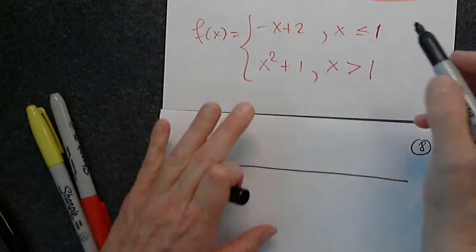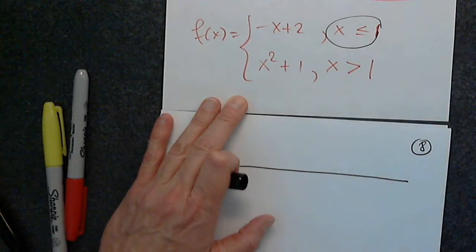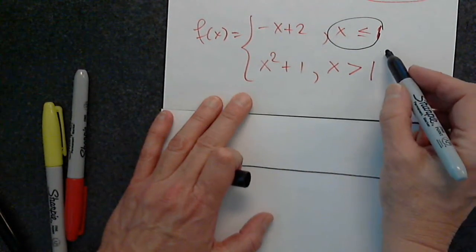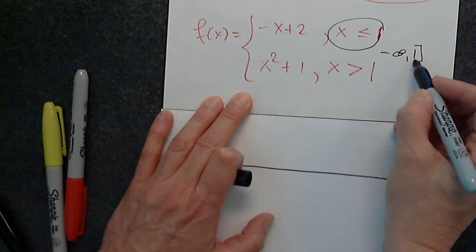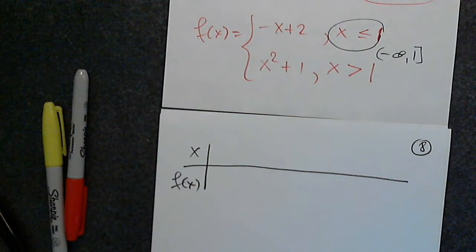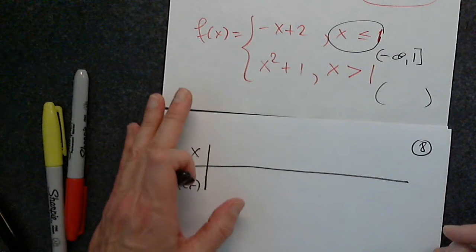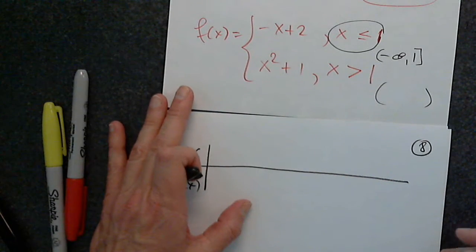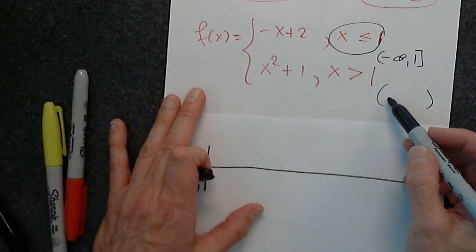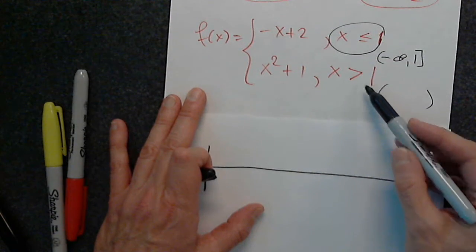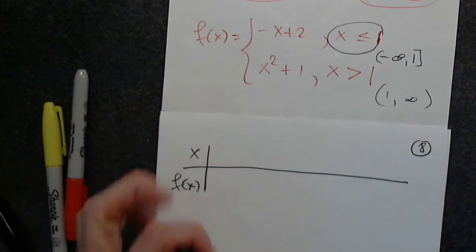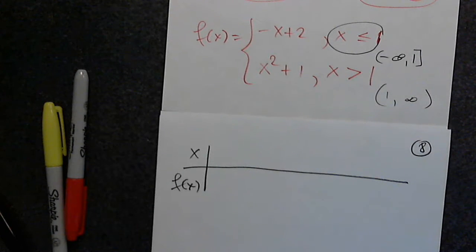So I look at this, and I know that it means between negative infinity and 1. I look at this, and I know it means exactly what? Very good, of course. And now I can identify the domain.